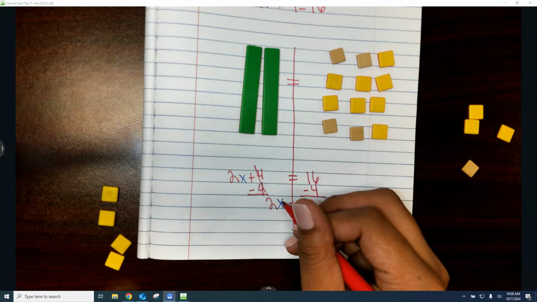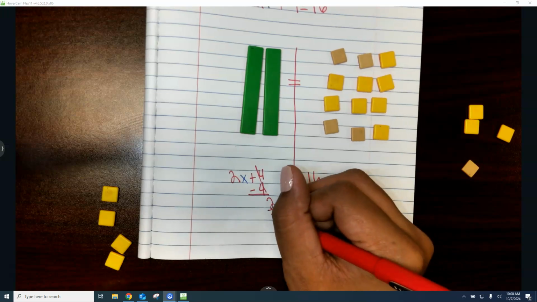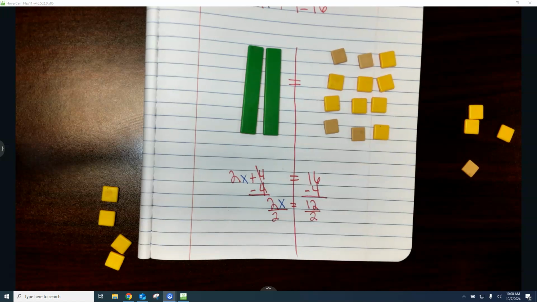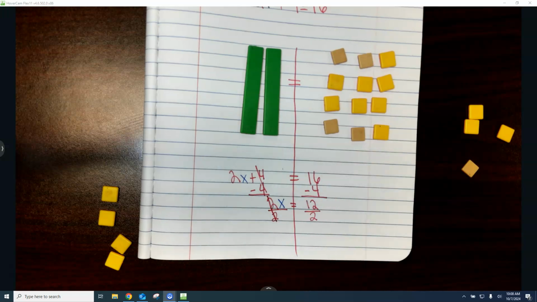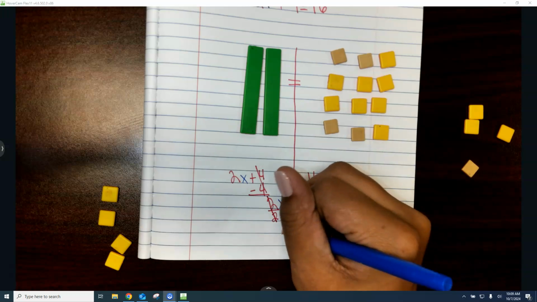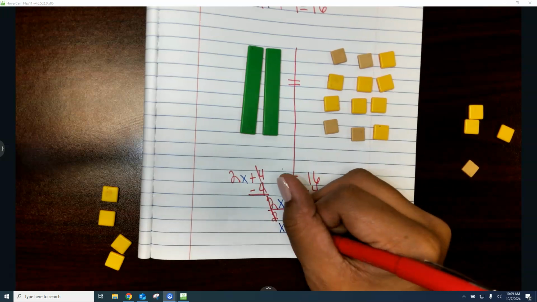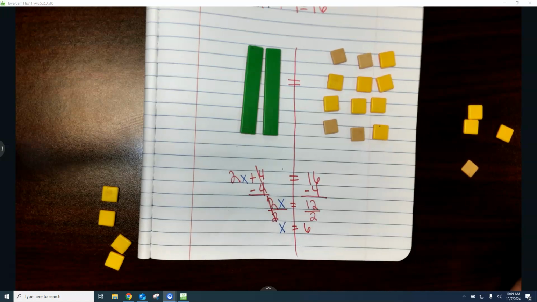To get x by itself, isolated, we're going to divide by 2 on both sides of the equation. 2 divided by 2 is 1, leaving us with just 1x. And then when I divide 12 by 2, that gives me 6.